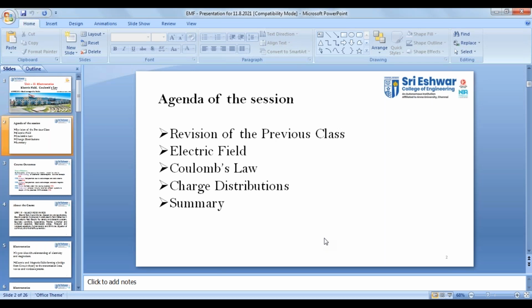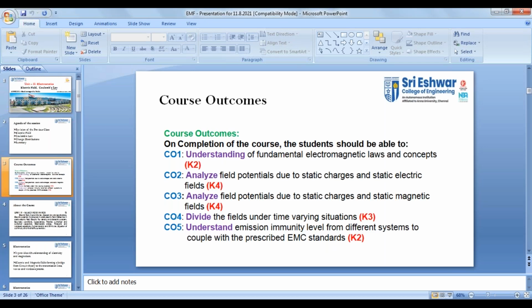Understanding of fundamental electromagnetic laws and concepts is the actual CO1. Now we will go for CO2. So you start memorizing CO2 from today onwards. CO2 and CO3 both will look alike. The only thing is, instead of static electric field in the second module, you will have static magnetic field in the third module.